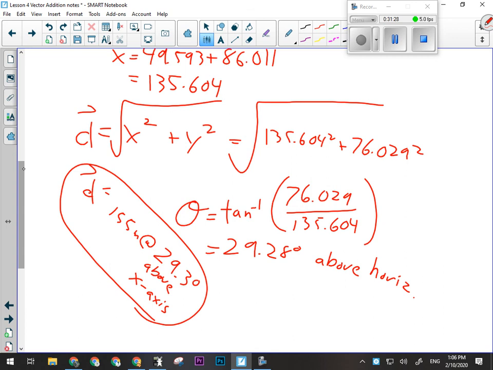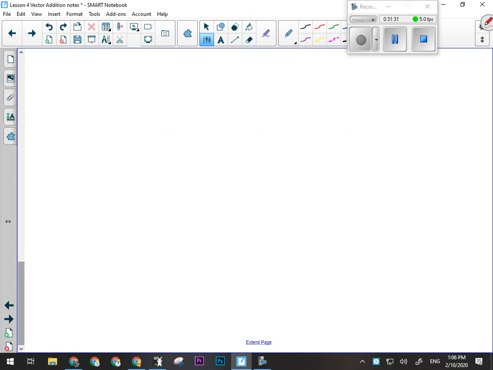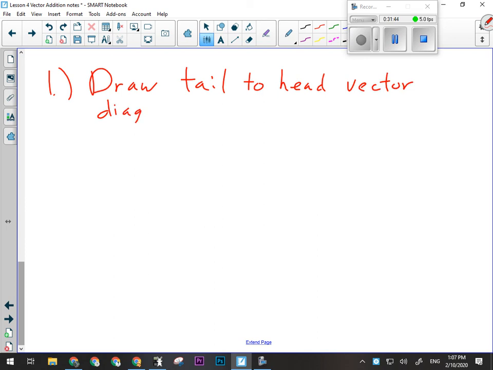Steps are, first, draw your tail to head vector diagram, and when you do it, you should label all the x and y components.